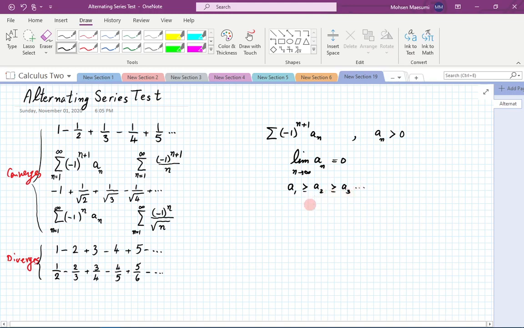Sometimes they write this in the following way: a_n is larger than a_(n+1). So as you go down the elements of the series, they are decreasing and they are going to 0. If these conditions are met, then the alternating series converges.